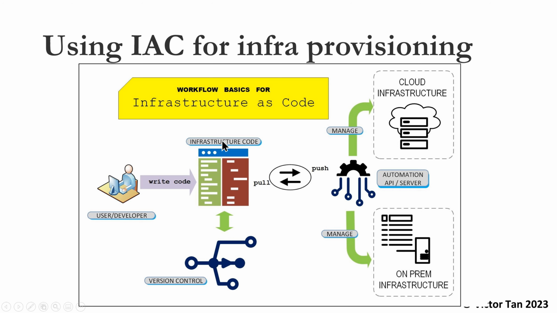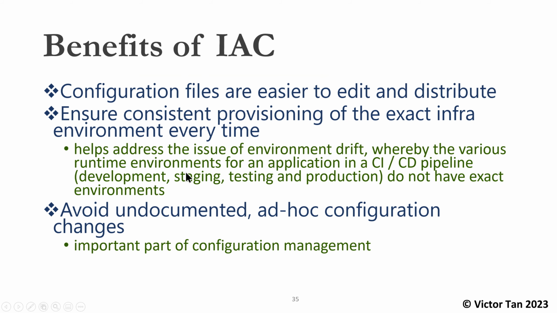All of that configuration I can do in one single file, and then I just use that file to set up my production environment every time I need to. I don't have to waste my time manually doing it over and over again, and I will always get the same environment because I'm using exactly the same configuration file to provision it. This is so important, because the biggest problem in a CI/CD pipeline is what we call environment drift.